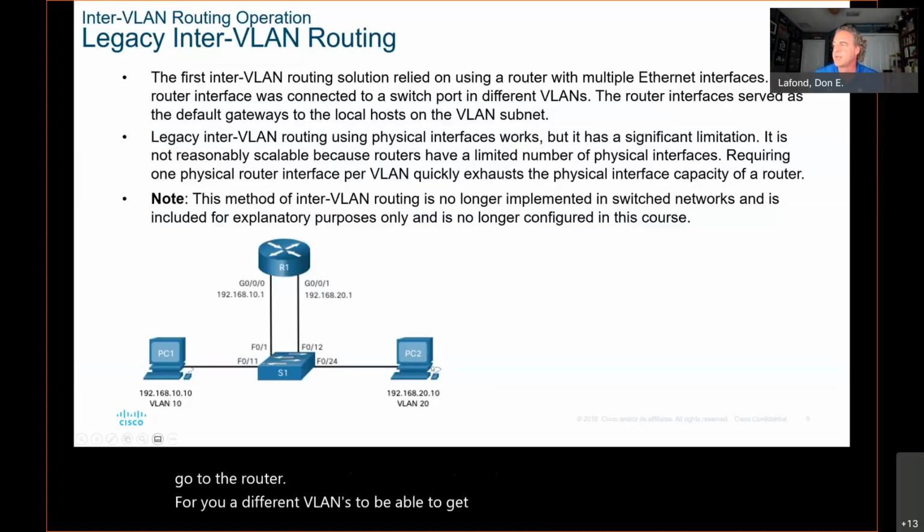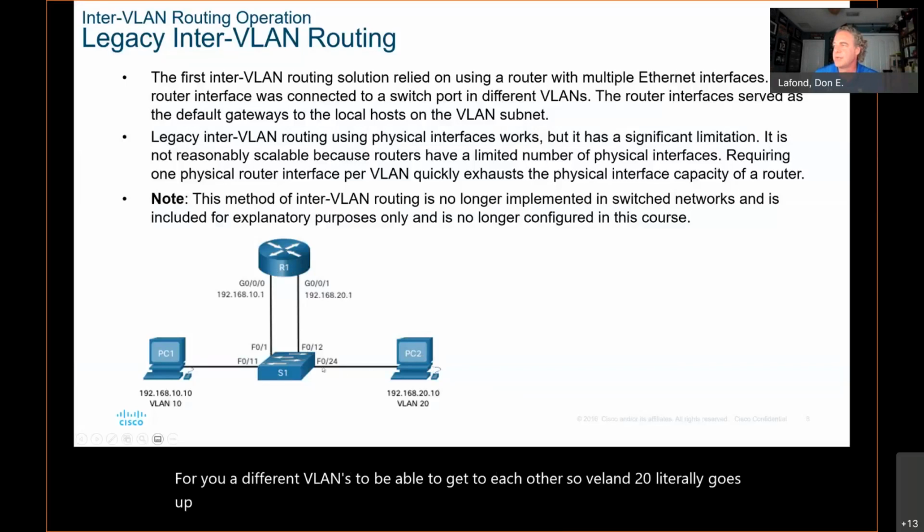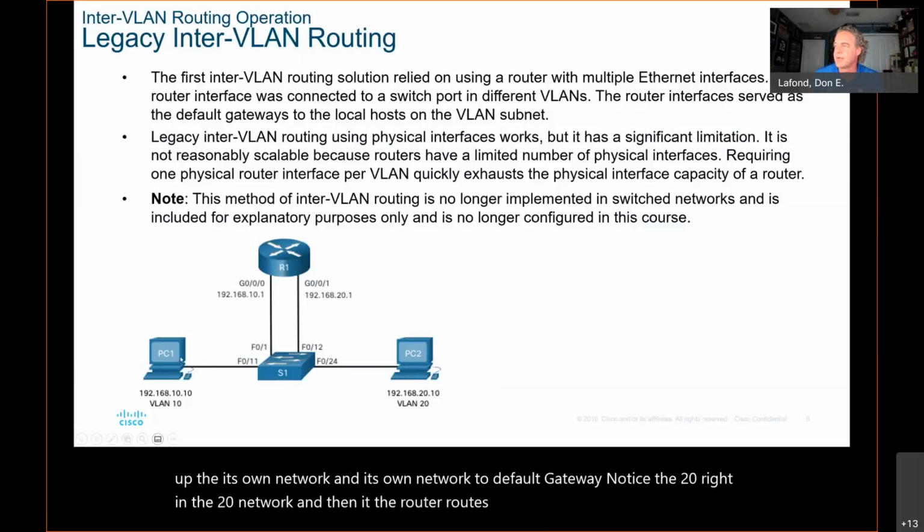So VLAN 20 literally goes up its own network to default gateway. Notice the 20 network, and then the router routes it to the 10 network, and then it comes down to PC1.